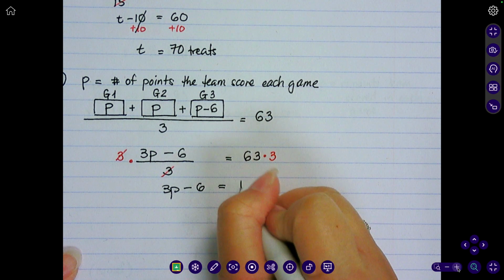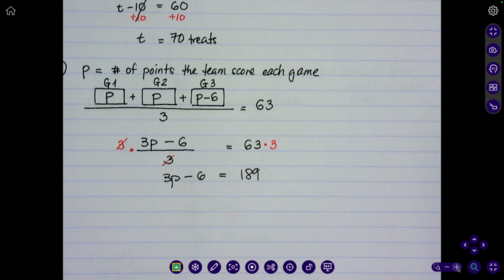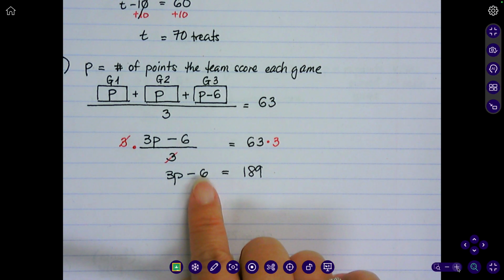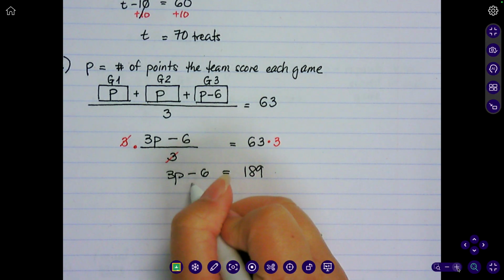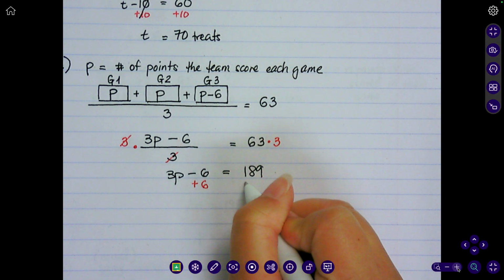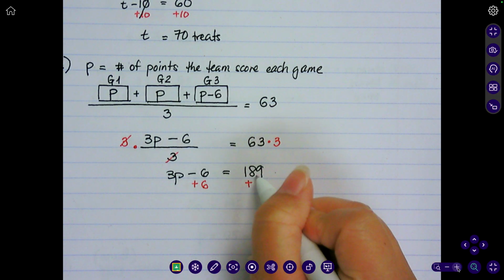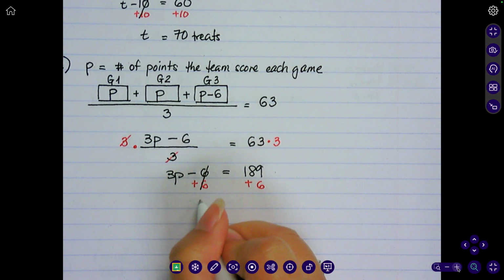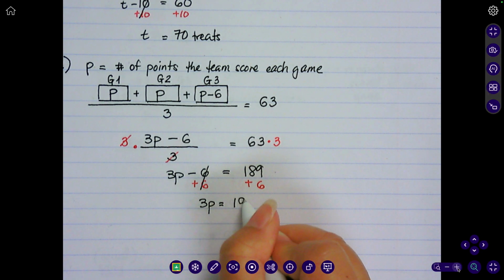So we're going to write that here. To solve, you're going to have to get rid of your number, which is the negative 6. Undo minus, you add. So you got to cancel the 6 to bring it over with the 189. So 3p is equal to 195.